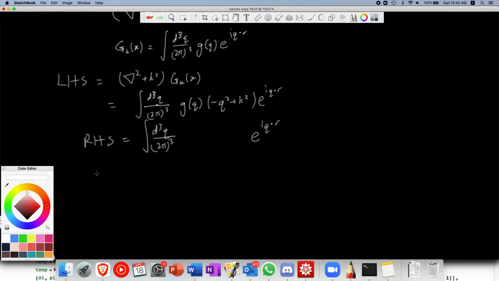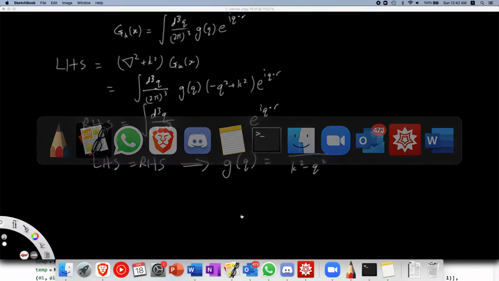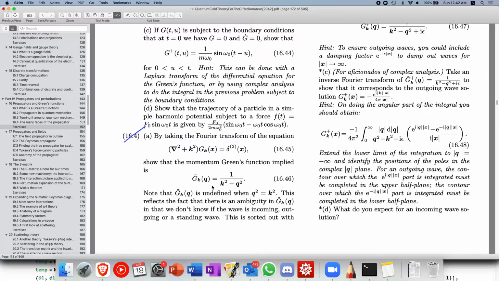By comparing left hand side to right hand side, and comparing the Fourier transform coefficients, we get that g of q should be equal to 1 over k squared minus q squared. This is the Fourier transform Green's function, and indeed G_k of q equals 1 over k squared minus q squared. So we have shown this part.